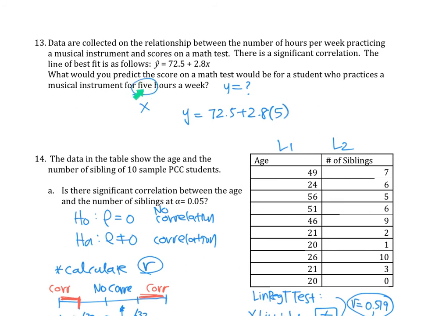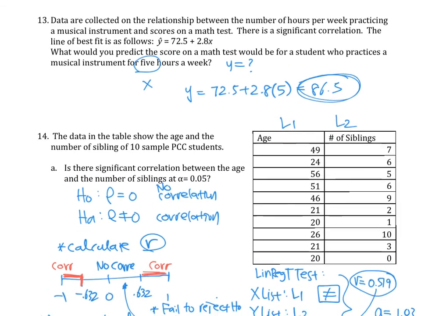This example is 5 hours, but if somebody studies 7 hours, then I'm going to plug in 7 here. Whatever number I calculate, that's what I predict this person to get on their math exam. If we calculate this one out, I get 86.5. That's my best prediction for this person who practiced 5 hours: a math score of 86.5.